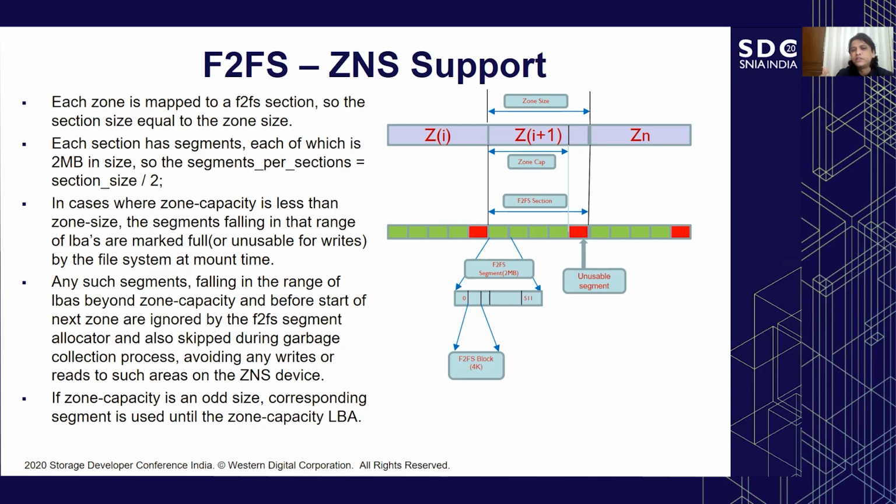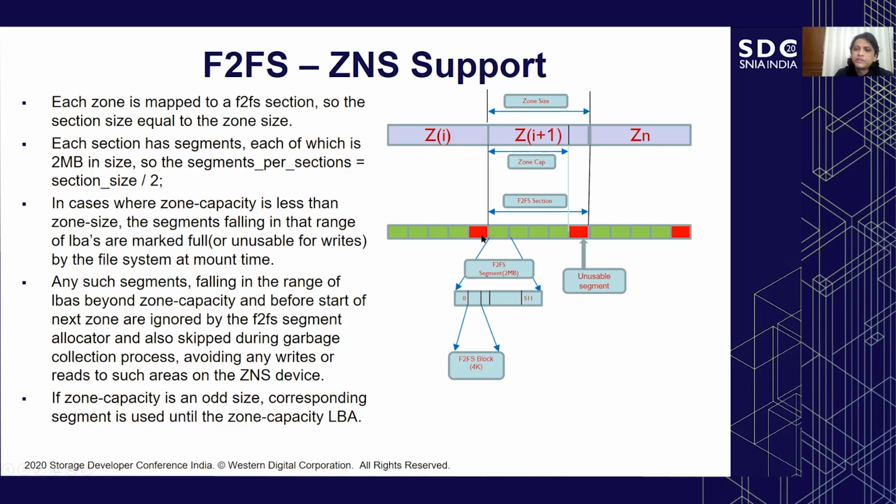So what we have done is we look at the zone capacity, and we look at segments which fall from zone capacity and beyond till zone size. If any, we mark all those segments as full, which means that those segments will not get allocated to writes in the F2FS file system. That avoids writing into areas beyond zone capacity.